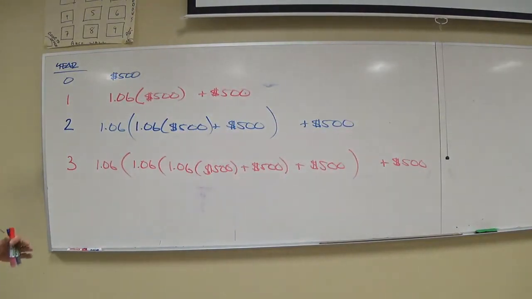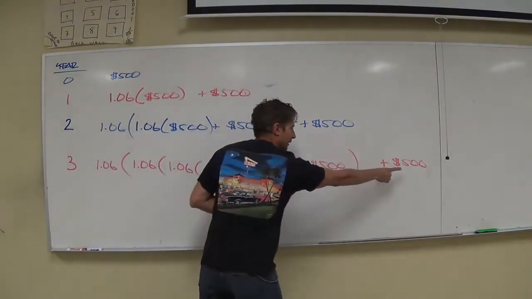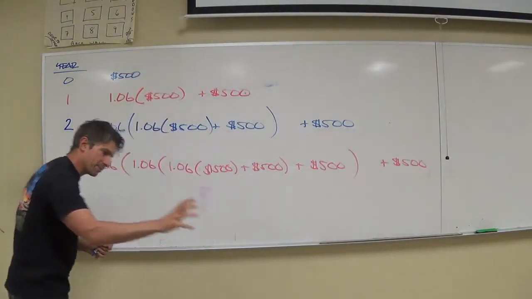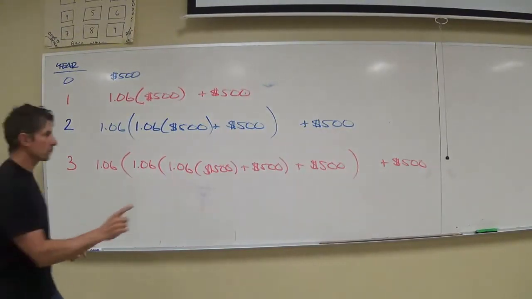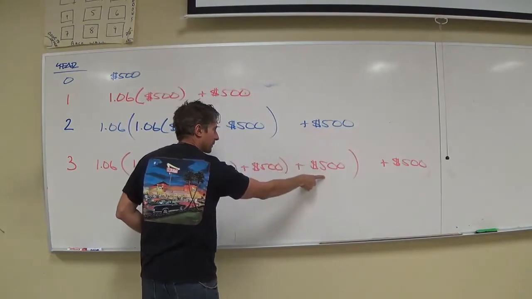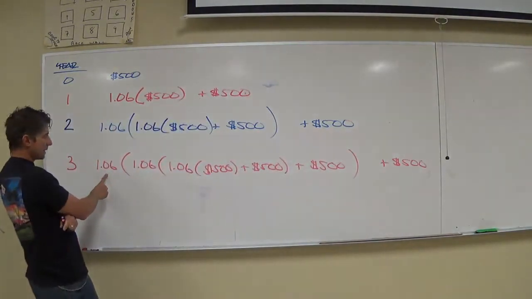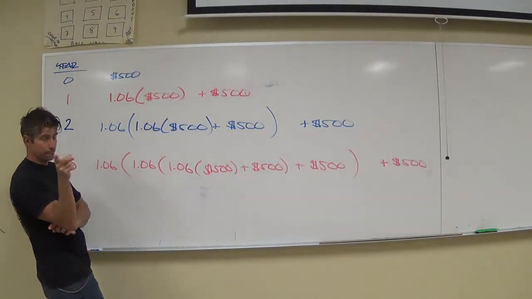I want to take a breather for a second. I want you to look at mathematically what is actually going on. For example, that 500 bucks over there is a brand new 500 bucks. It's been put in one time, has had no interest applied to it yet. This 500 bucks right here, that's the 500 bucks from the previous year. That means it's had 106% applied one time to it.